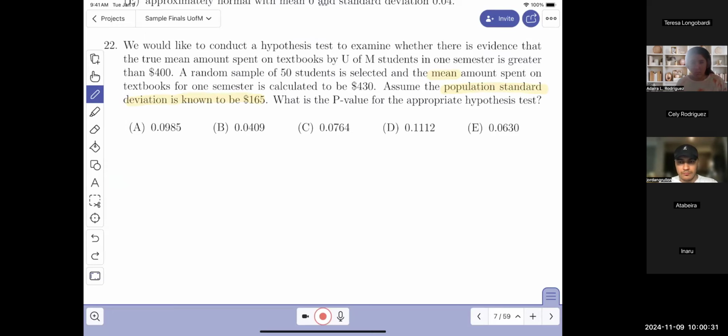Four, five, or six? Okay, you're right. It's about 5. It's about 5, and you want to get the p-value. You're going to use 5.